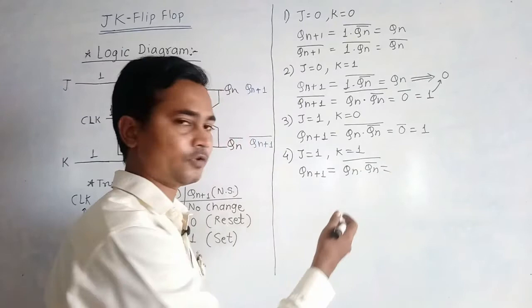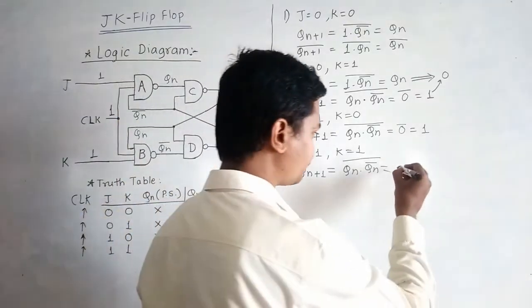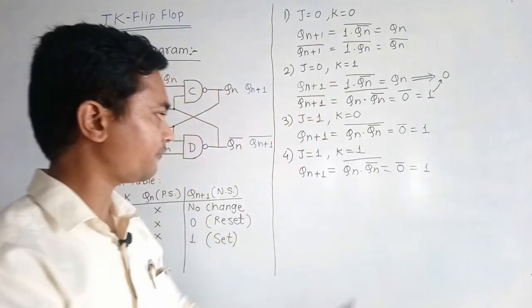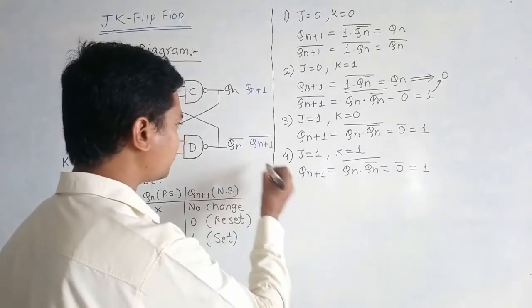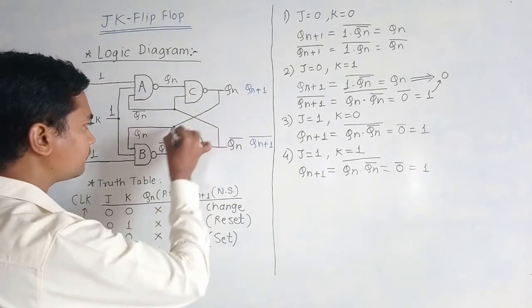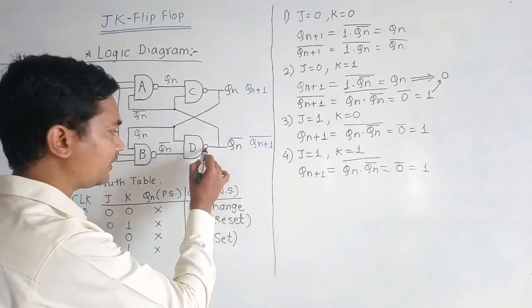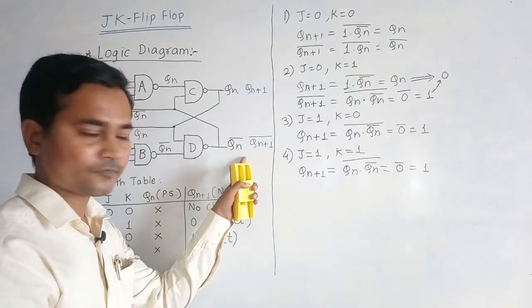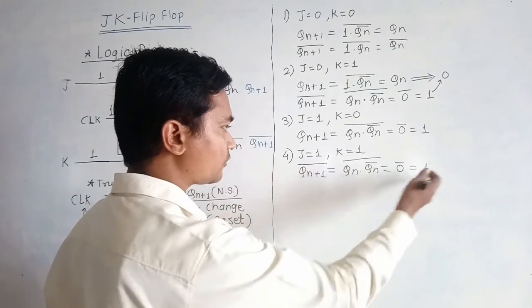We know that Qn dot Qn bar is equal to 0 and 0 bar is equal to 1. In a similar way, Qn plus 1 whole bar will be Qn bar dot this Qn. Qn bar dot Qn is equal to 0. The bubble indicates whole bar, so again it becomes 0 bar, which is 1. So I will write here Qn plus 1 bar is also 1.